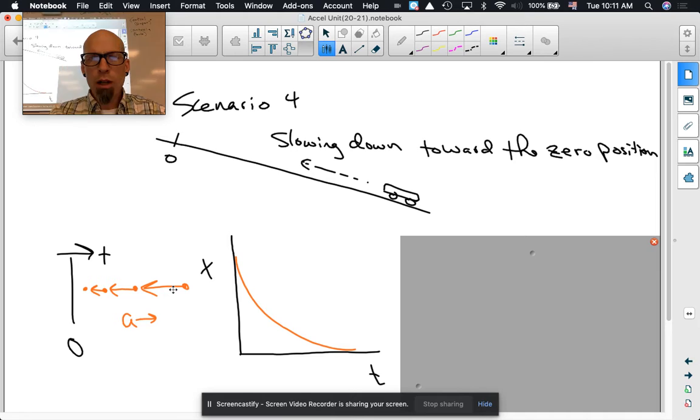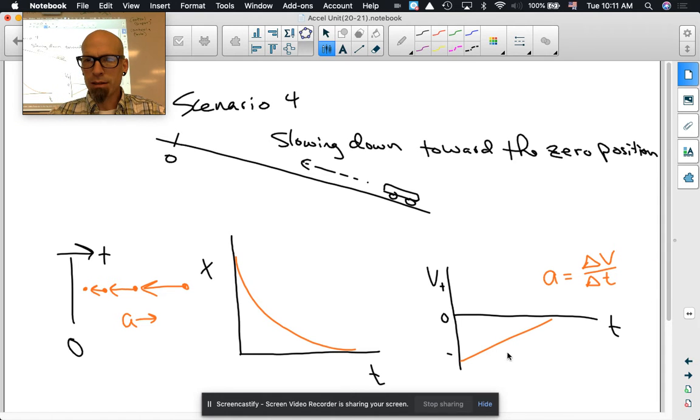So that's starting below and then going up, like this. Now, what we have to remember is that the slope of the VT graph is what we call acceleration. What kind of slope is that? Even though it's below the t axis, because the velocities are negative.